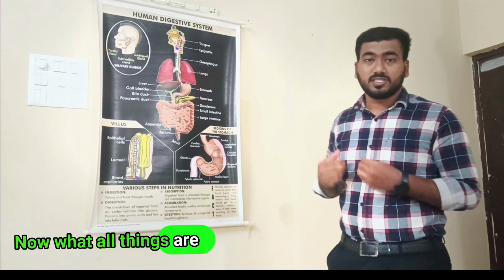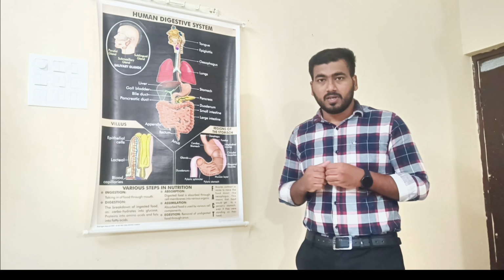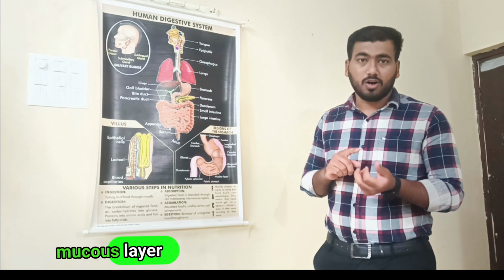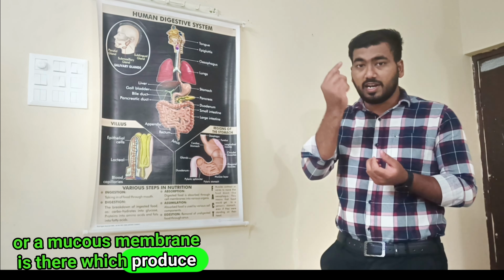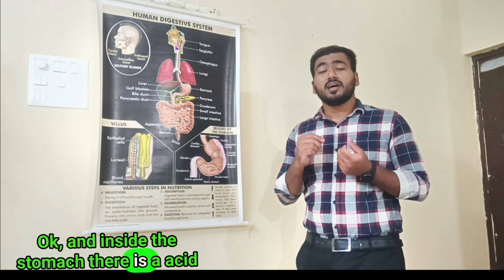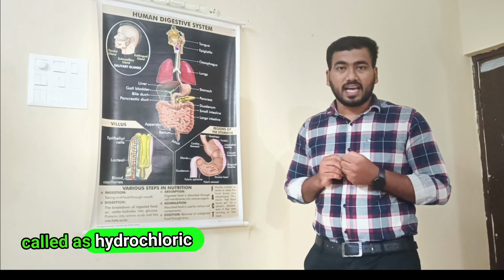Now what all things are present inside the stomach? Inside the stomach there is a mucous membrane, which produces a layer called the mucus layer. And inside the stomach there is an acid called hydrochloric acid.